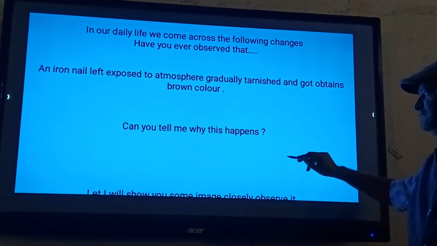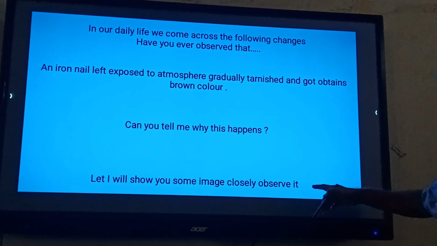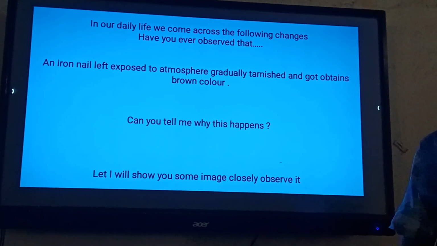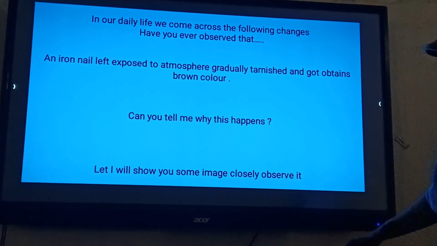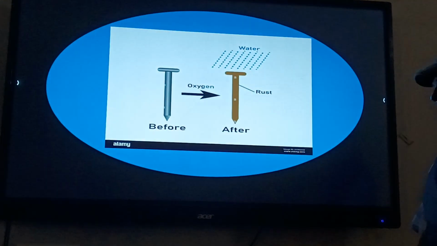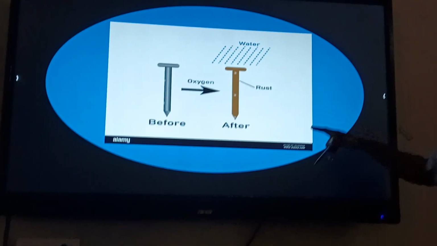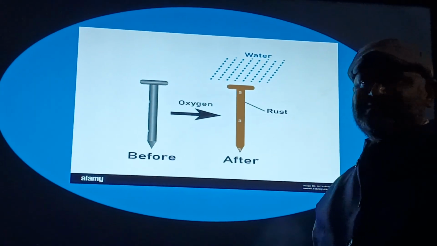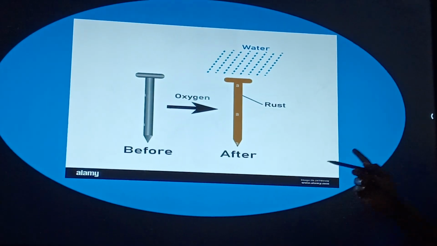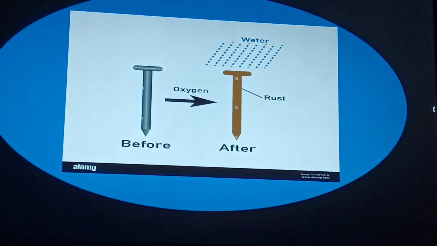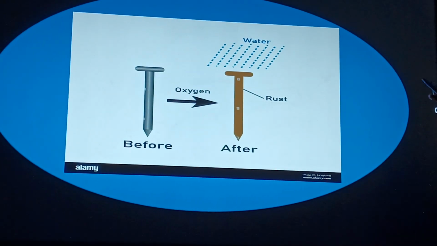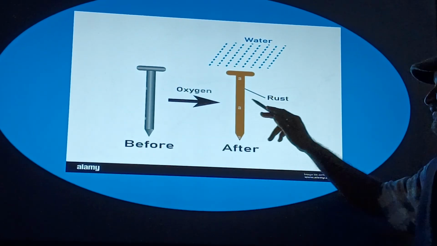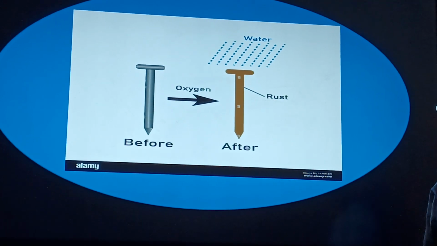Any guesses? Let me show you some images. Closely observe the image. This is the iron nail when we brought it. After some days, iron turns like this or not?